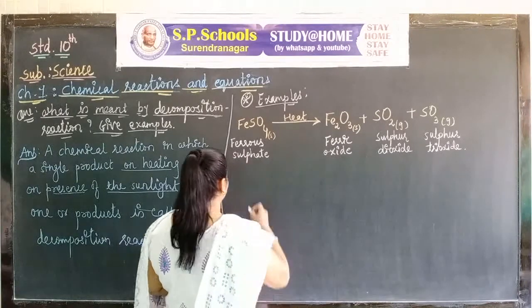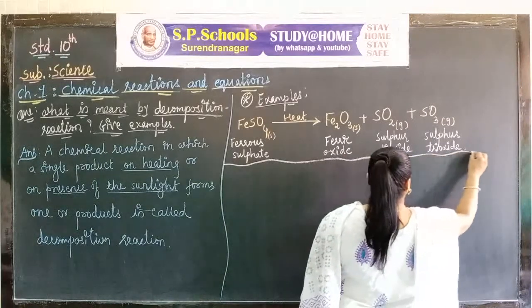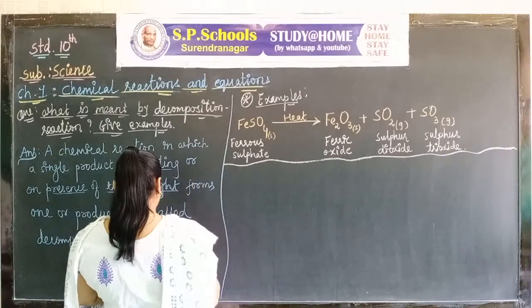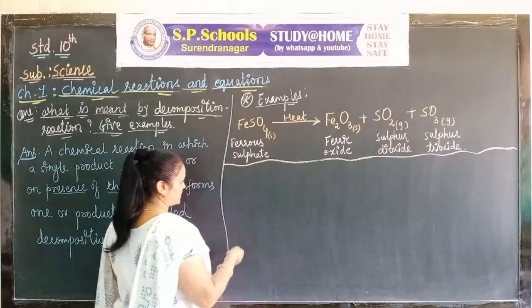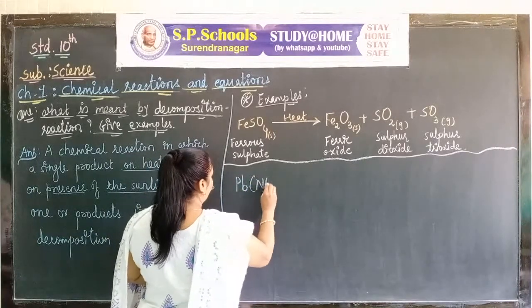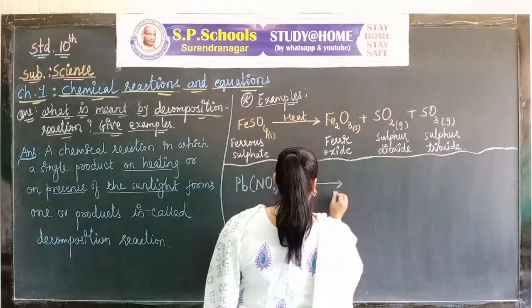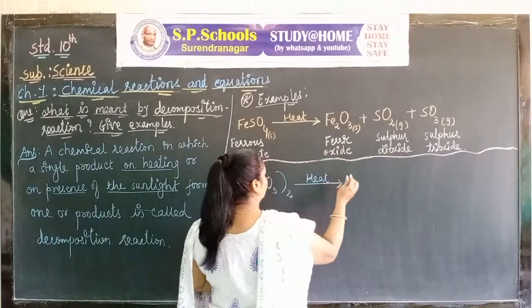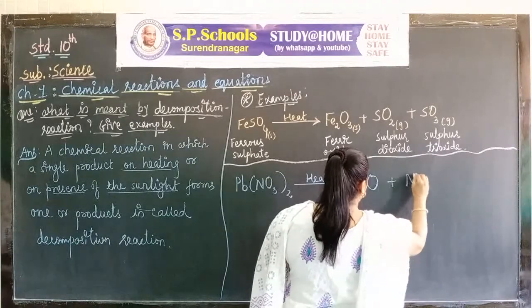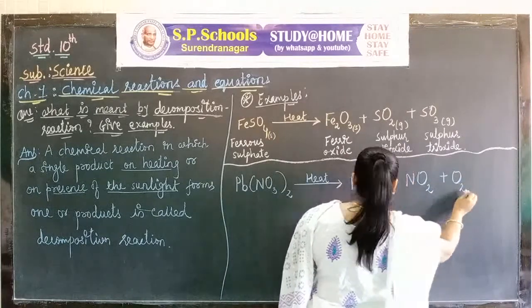Let's see another example. The second example of decomposition reaction, which we already studied in this session, is lead nitrate, Pb(NO3)2. After heating it, it is converted into lead oxide, nitrogen dioxide plus oxygen.